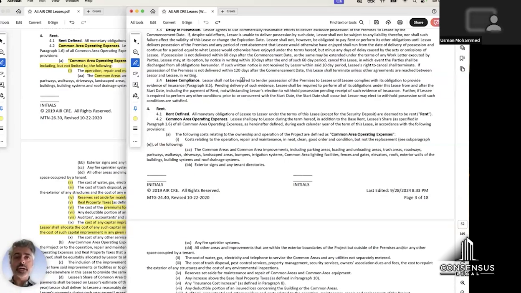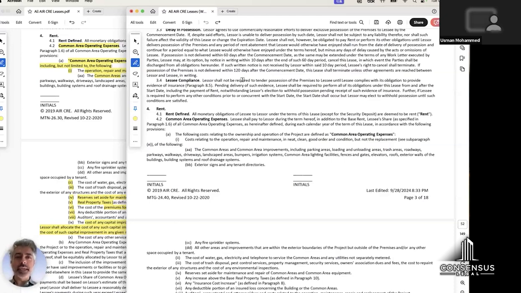With respect to buckets 2 and 3, property taxes and insurance expenses, there's a base year. So lessee is only going to pay increases in property taxes and increases in insurance expenses over the base year.